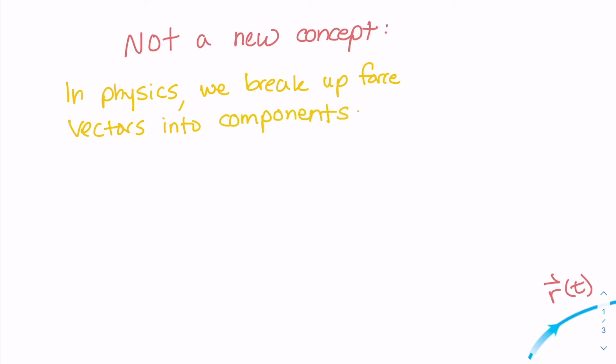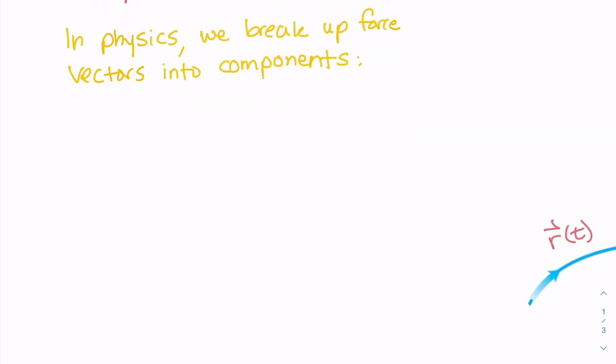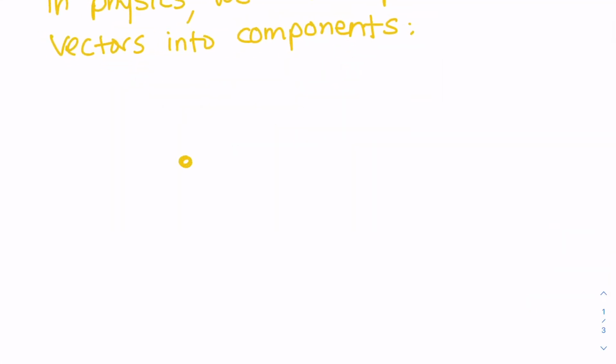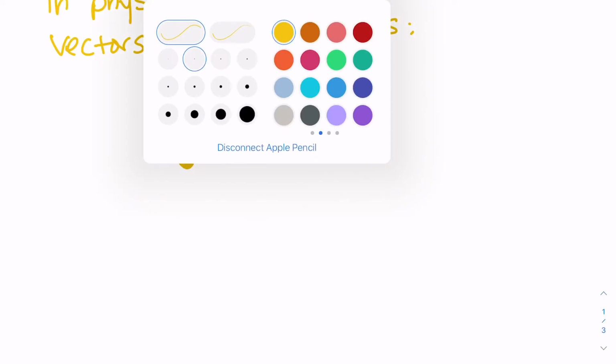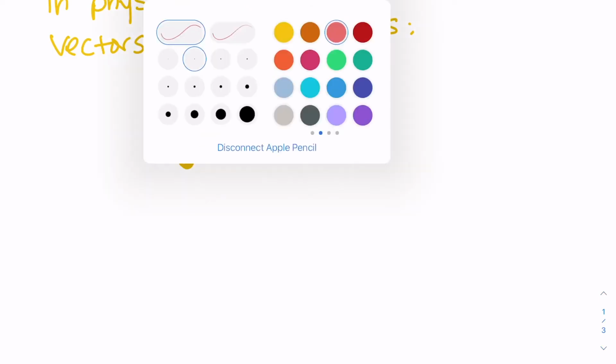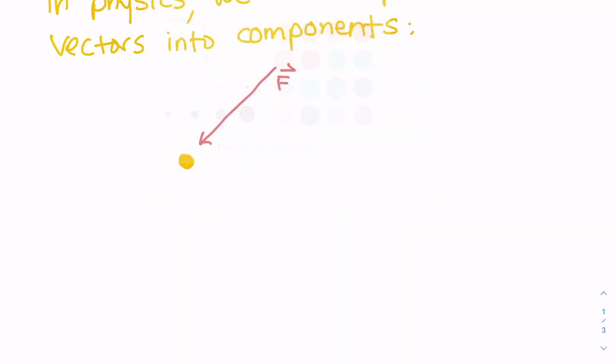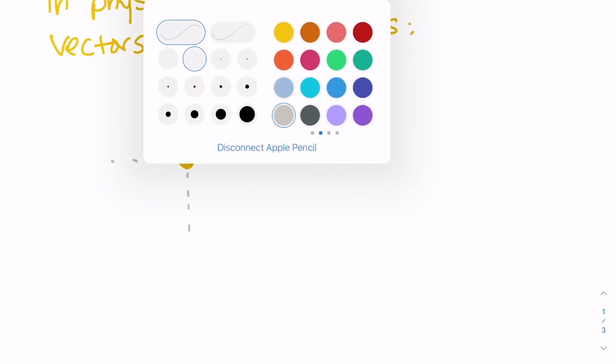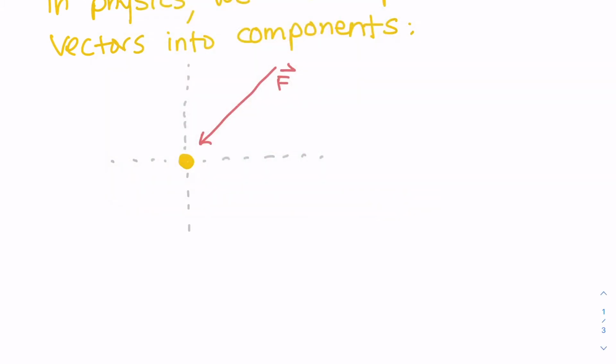What that looks like is if we have some particle like this, and there's a force acting on it, we might have some force vector. Then if we wanted to study how that force acted on the particle, the first thing we would do is superimpose a coordinate system onto this situation, and typically it's a standard step to break down the force into its x and y components.